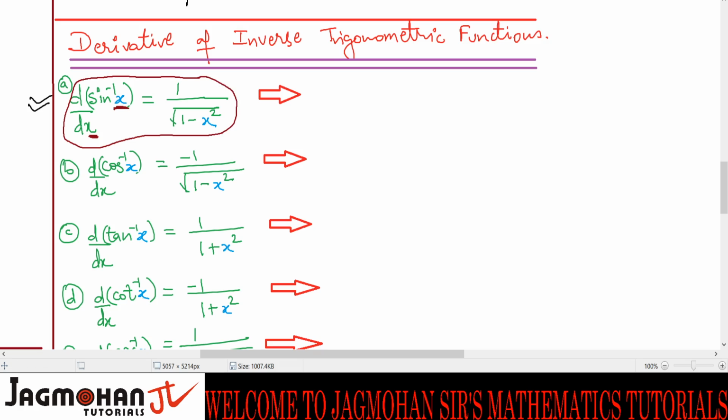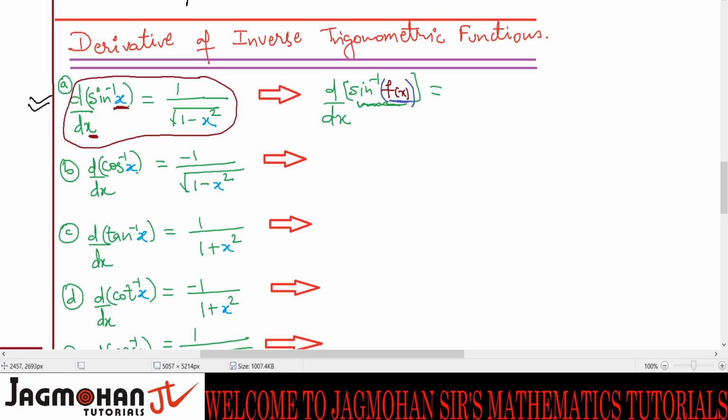What will happen if I write it this way? D by dx of sine inverse of f of x. So students, check this out. If I ask you to recognize the function, d by dx of which function? It is sine inverse function. But tell me students, is the variable of sine inverse x? No, it is f of x.